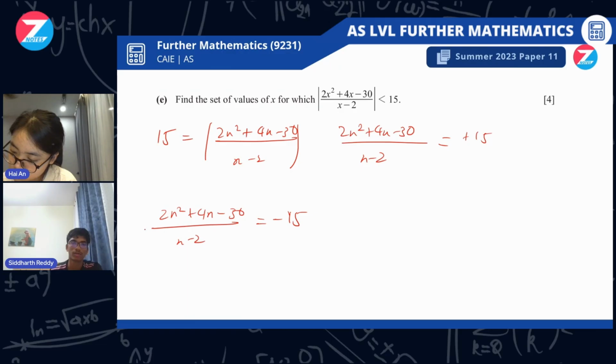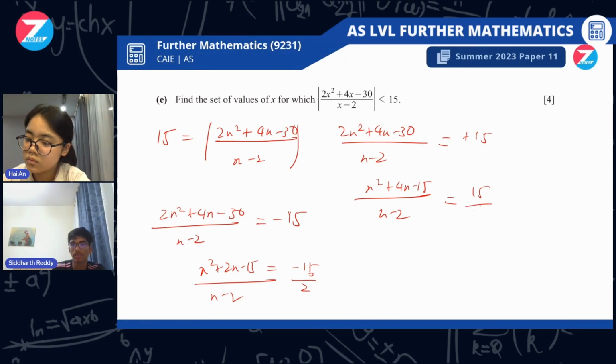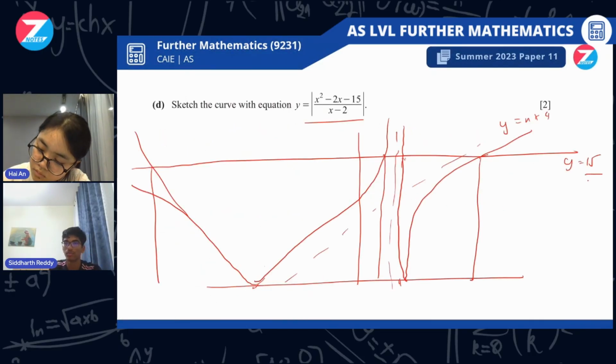So if we factor out the 2 from the top, we can just write this as x squared plus 2x minus 15 by x minus 2 is equal to minus 15 by 2, and x squared plus 2x minus 15 by x minus 2 is equal to plus 15 by 2. Actually, this line is 15 by 2, not 15.